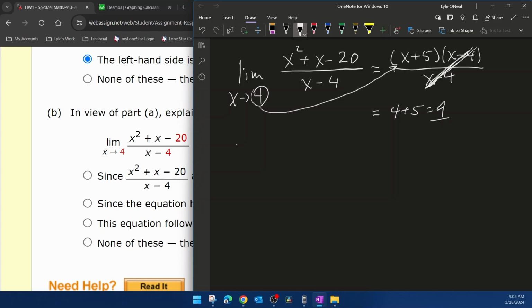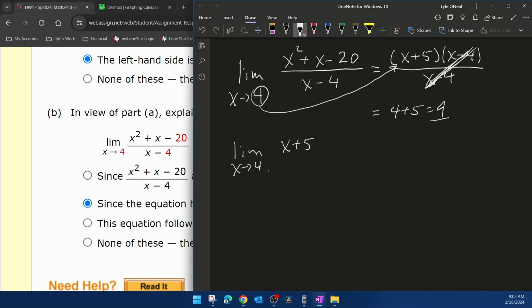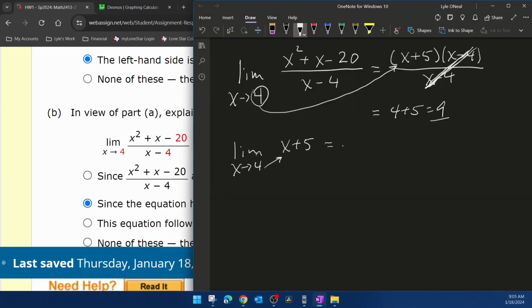And now if we look at the other side, the limit as x approaches 4 of x plus 5, again, if I open that up, you can see here was the other side. There is no undefined situation here. We can evaluate and get the same answer.